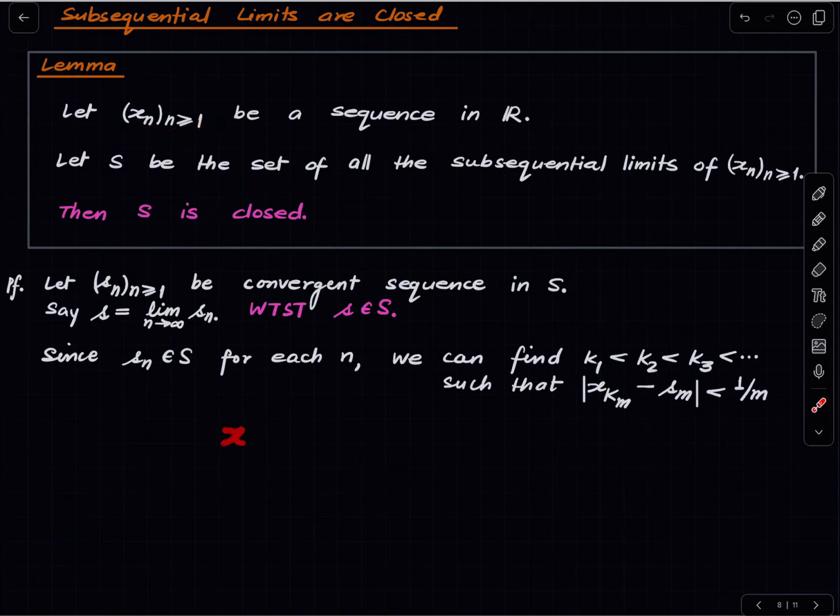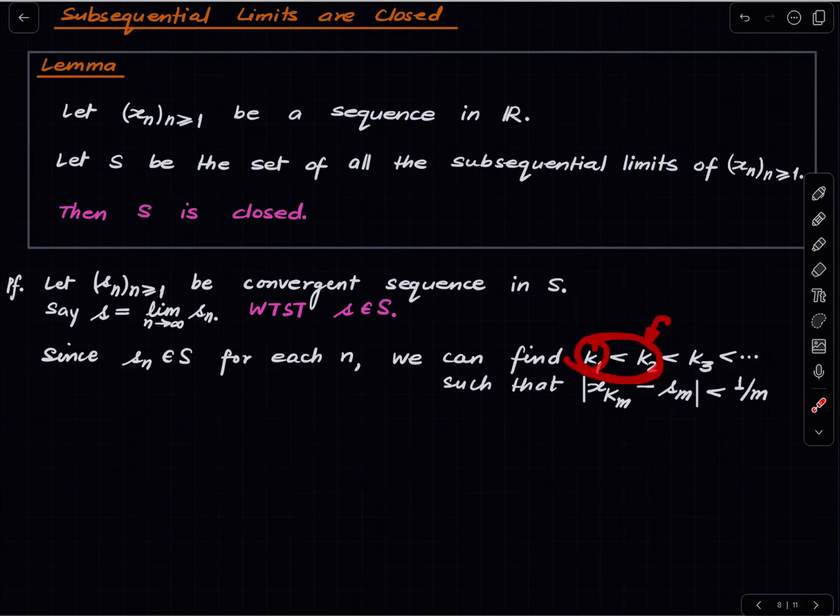Similarly, there are infinitely many k2s such that this happens by the same reasoning. This time we have written a half. And there are infinitely many k3s for which this happens, right? So once you pick a k1, there are infinitely many k2s which satisfy the second inequality. So you just pick a k2 which is bigger than k1.